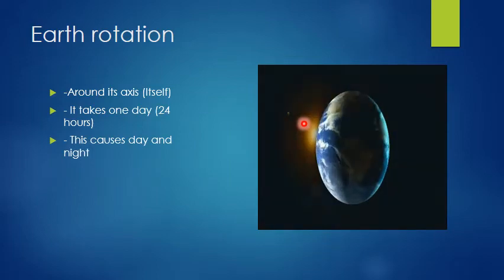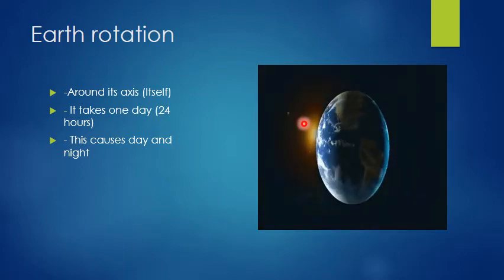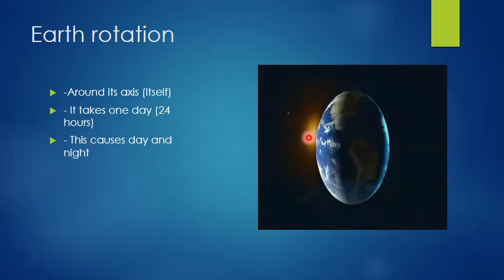This is what causes day and night. If you ever imagined that the sun is the thing that moves from the east to the west, you are wrong. What really moves is the Earth, and in order for the sun to appear rising from the east and setting in the west, the Earth itself has to rotate from west to east.